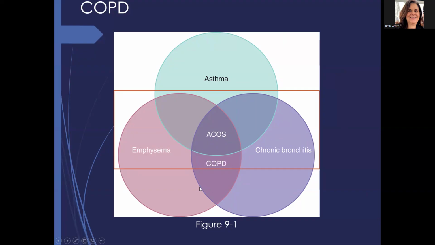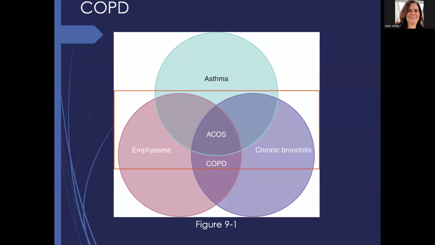Where they intersect down here at the bottom, you have chronic obstructive pulmonary disease. Right here, where all three of them intersect, we call that asthma COPD overlap syndrome. You're probably not going to see ACOS used as a diagnosis very often, but this is part of your textbook. It explains it a little bit more.